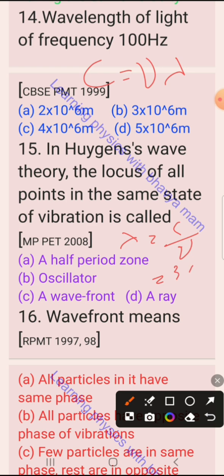C is 3 into 10 to the power 8, divided by nu, 100, which can be written as 10 to the power 2. When this 10 to the power 2 comes to the numerator, it is minus 2. So it is 3 into 10 to the power 8 minus 2. 8 minus 2 is 6. So 3 into 10 to the power 6, option B.